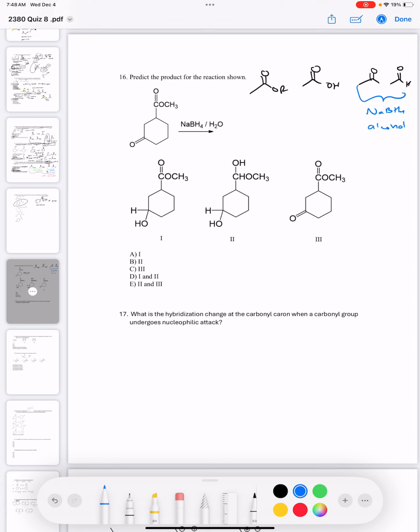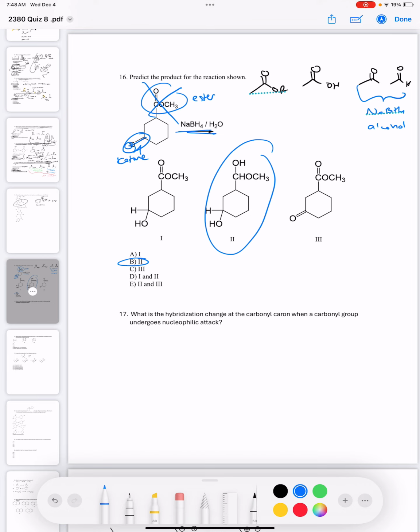When I look at the starting material, this looks like an ester, and this is a ketone. So only the ketone can be reduced by NaBH4. So no reaction is going to happen over here, but this is going to transition into an alcohol.